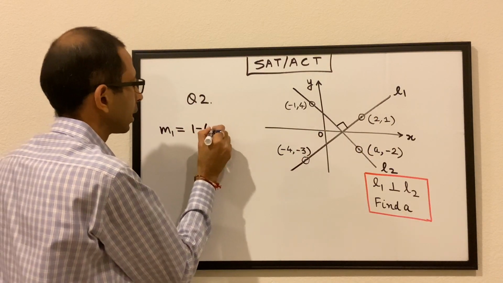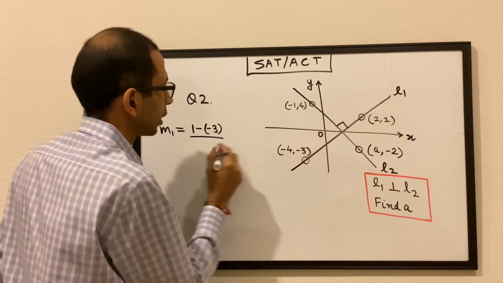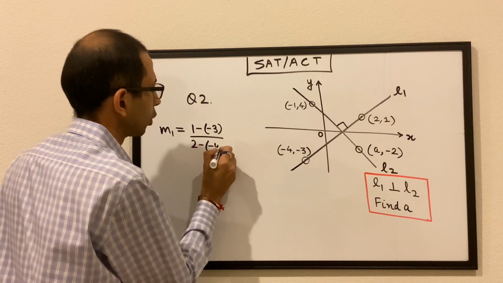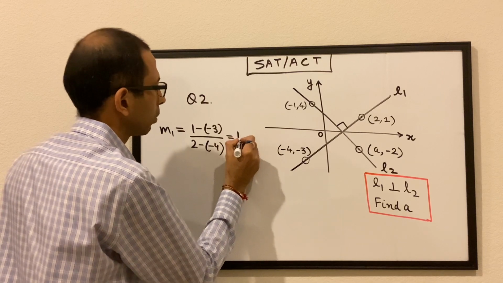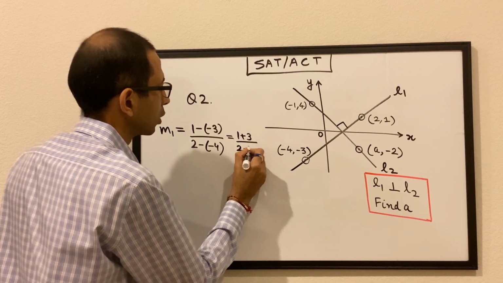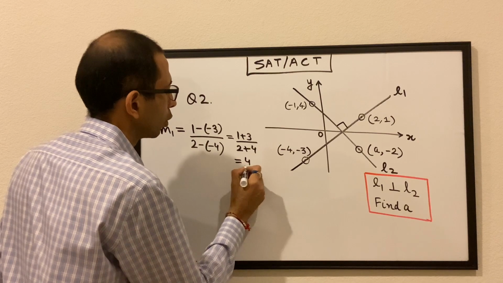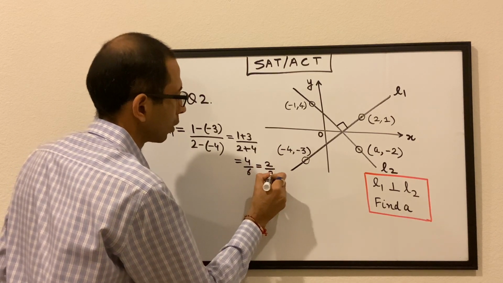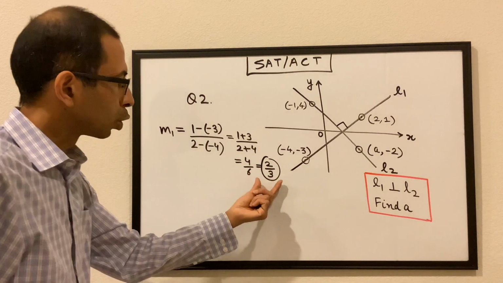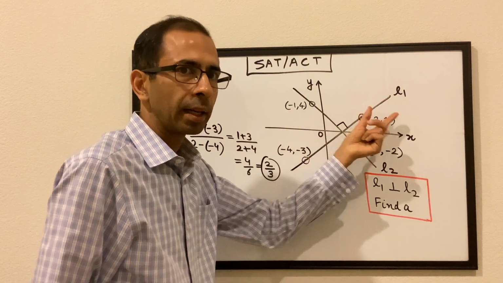So 1 minus minus 3 divided by 2 minus minus 4, right? Or 1 plus 3 divided by 2 plus 4, or 4 over 6, or 2 over 3, right? So 2 over 3 is the slope of this line L1.